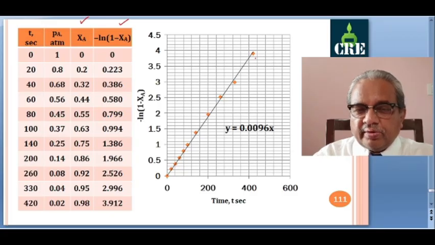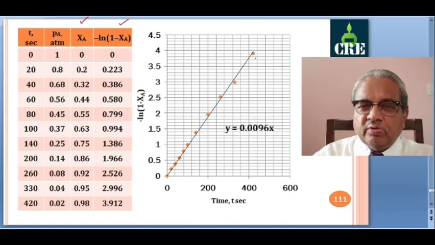Else we have to test for second order and so on, that we have done earlier for first order, second order, and many times we have found that it has a second order fit by integral method of analysis. If it is not either first order, zero order, or second order with integral method of analysis, that means the order is not 0, 1 or 2. Then you have to go for other trials, and most of the time then we will opt for differential method of analysis.